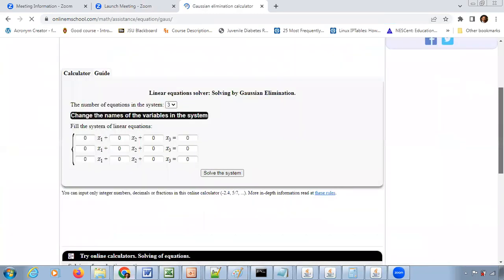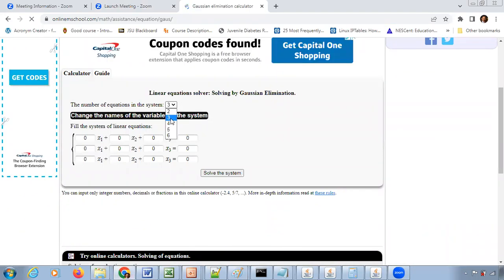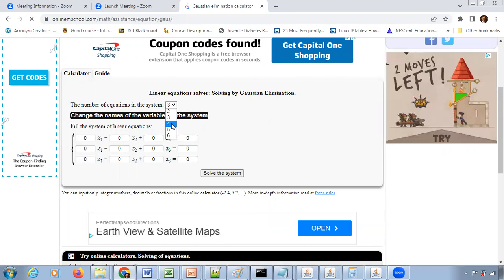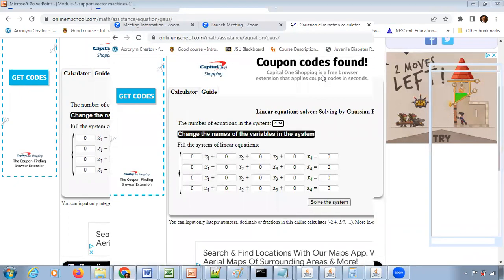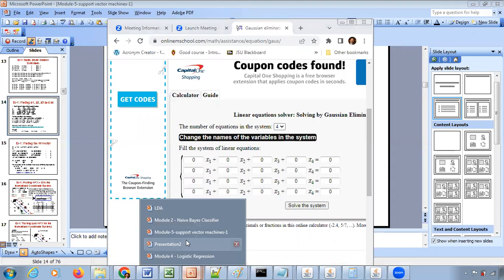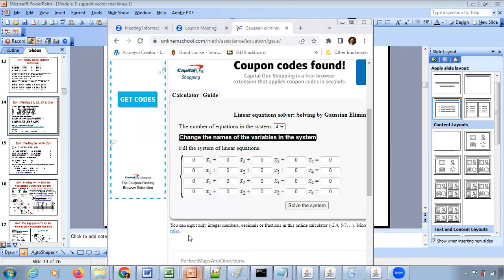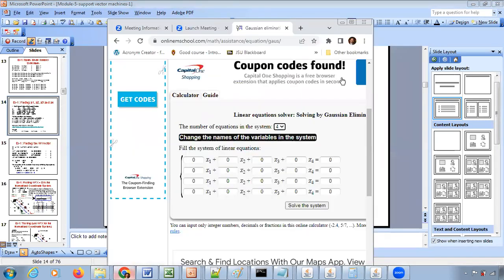By default, it opens with 3 equations, but you can choose the number of equations you want. Here we will need 4, so you pull down the menu and choose 4. You just need to type the coefficients of A1, A2, A3, A4 and equals -1 or 1, and once you type it, you can find the solution. So let me type them.